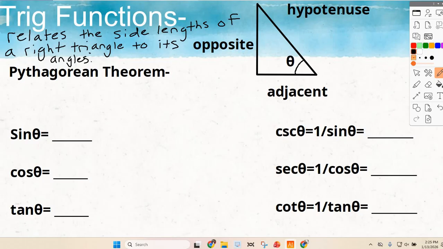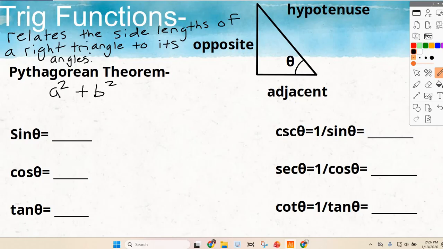And so the other property or theorem that we want to remember is our Pythagorean theorem. Do you remember what it is? It is a squared plus b squared equals c squared.